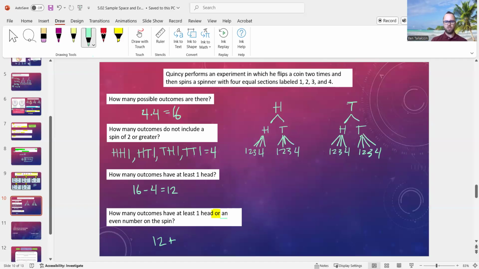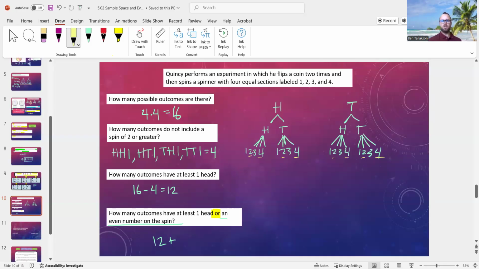What's the other situation? An even number on the spin. Even numbers. Let's take a look. We have 1, 2, 3, 4, 5, 6, 7, 8.